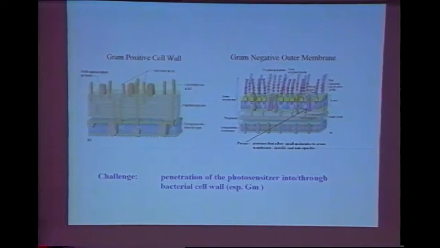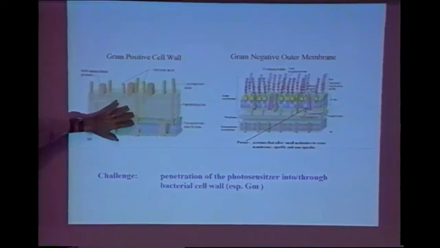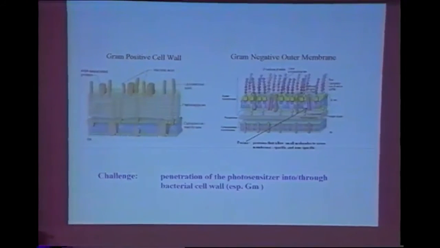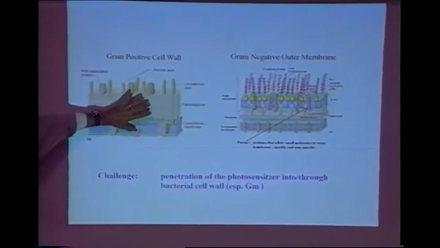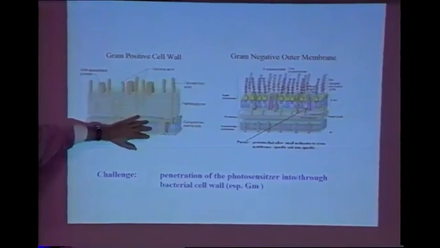It's just a sort of biolipid membrane. The bacterial cell wall is very complex and is very different for gram-positive and gram-negative. So you basically have a big challenge of how do you get the photosensitizer to go into the bacteria.